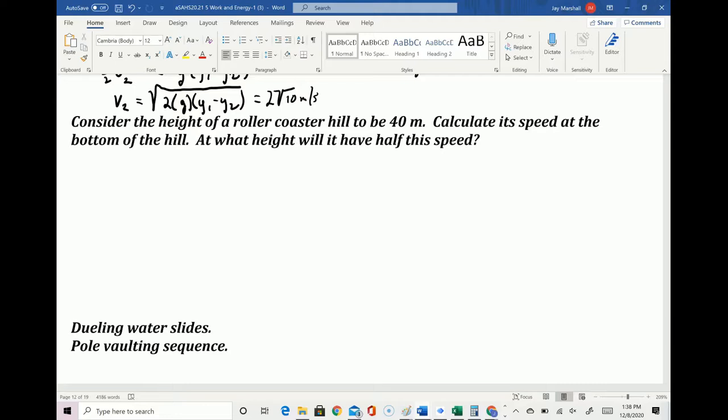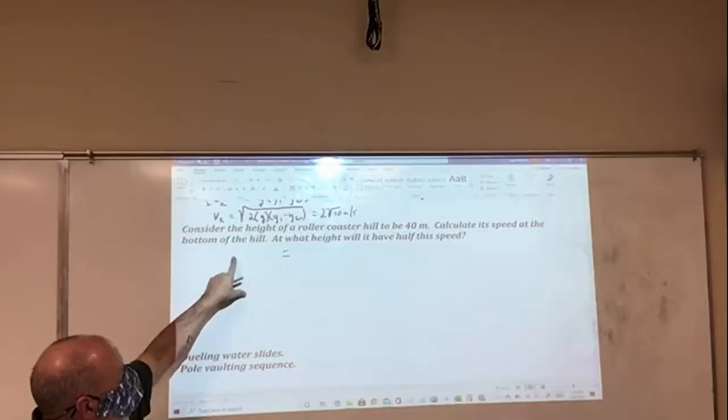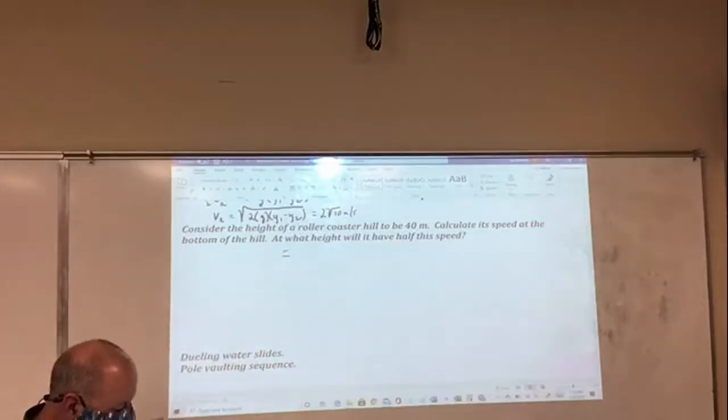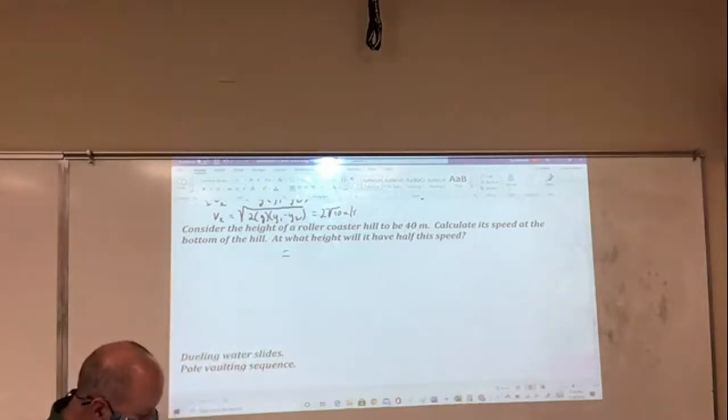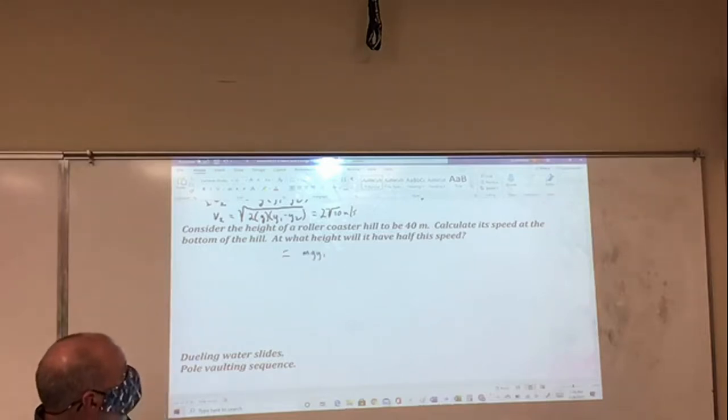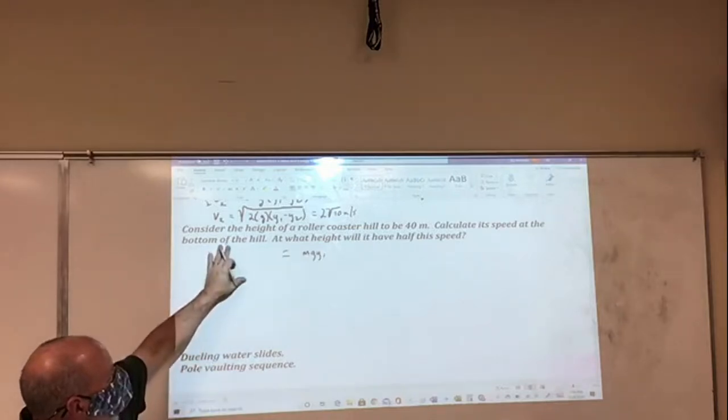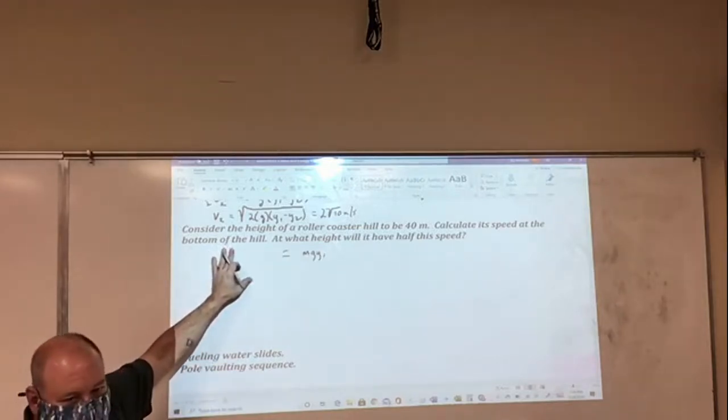So my initial kinetic energy is going to be what? 0. Okay, so on the right-hand side of the equation, and you can do this backwards, you can say my initial position equals my final position if that is easier for you. I like to say my final is equal to my initial. So for my initial, I'm only going to have mgy1, and then at the bottom of the hill, I'm just going to have my kinetic energy.